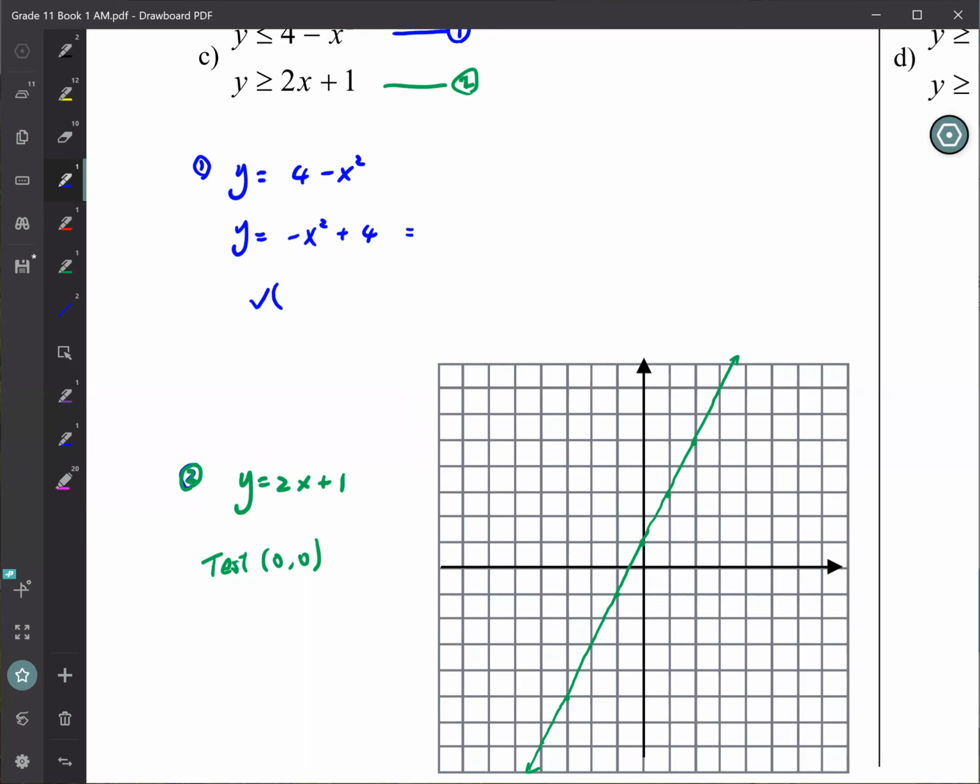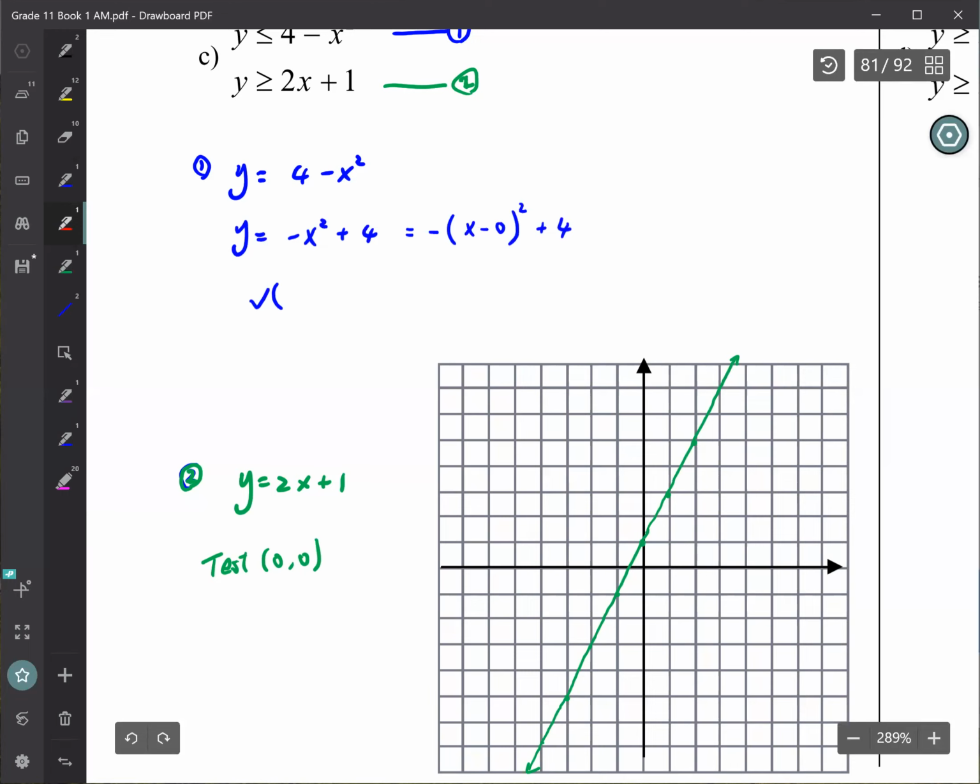No. Okay, I'll write out the APQ form then. I can rewrite this as negative, x minus 0, because x minus 0 is still x, and then plus 4. Do you see the APQ now?